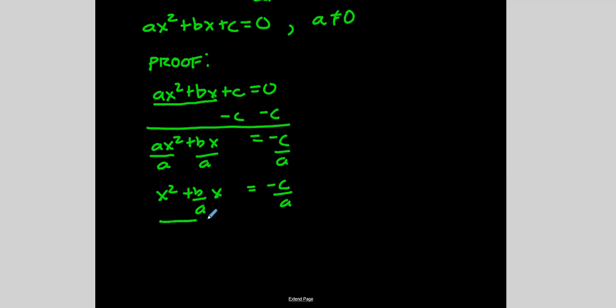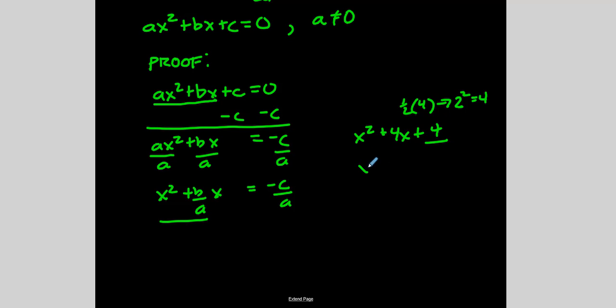So now I can complete the square. This is difficult for students to see at first because it's kind of abstract, but let's think about how we completed a square. If I had x squared plus 4x, to complete the square I took half of 4 and then squared it. So 2 squared is 4, so I added 4 here.